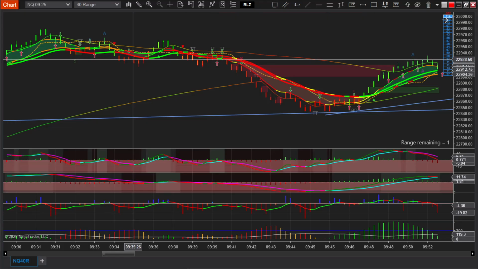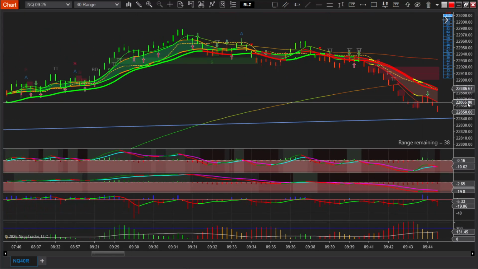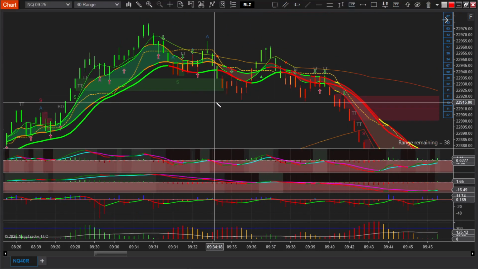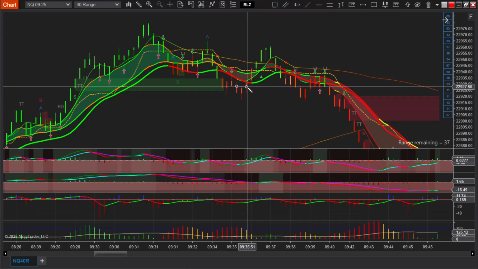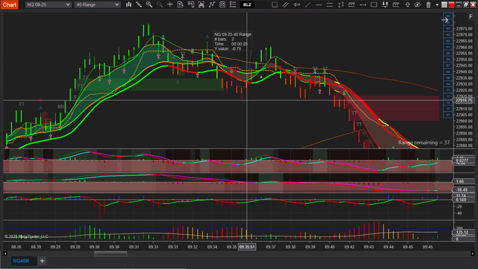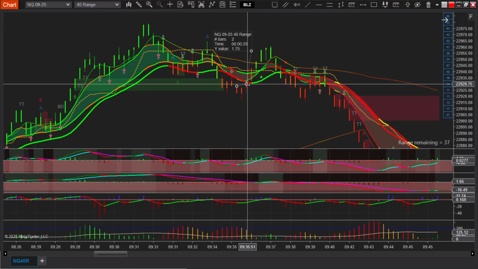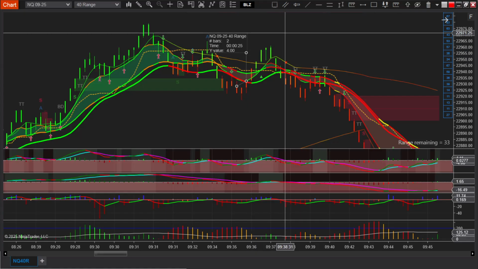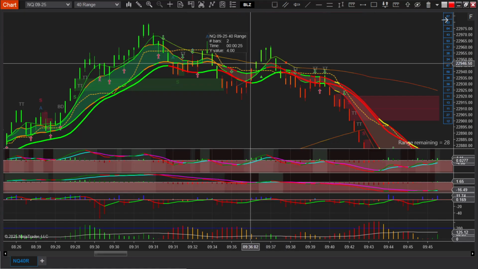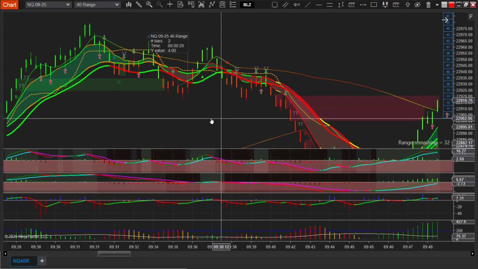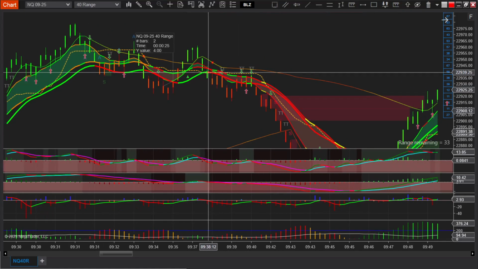This got to here. And this, I'm not even sure how much this did here, but let's see. So this one here, actually, that would have been a loss, going for the reversion. Looking at this here, we weren't really below yet.